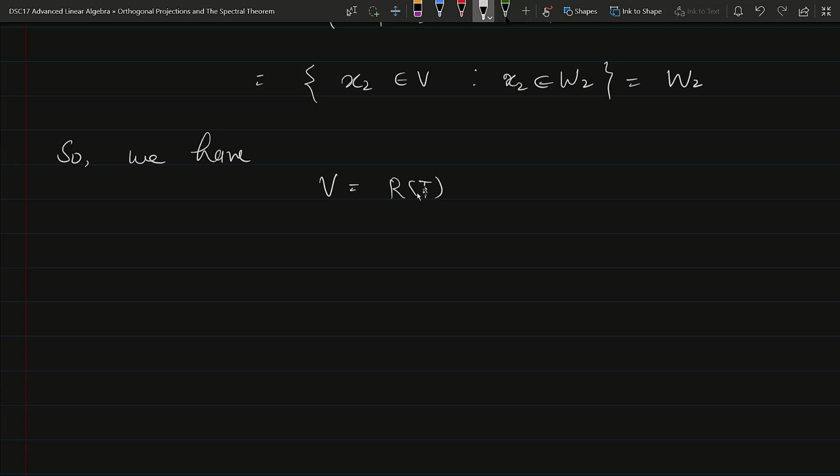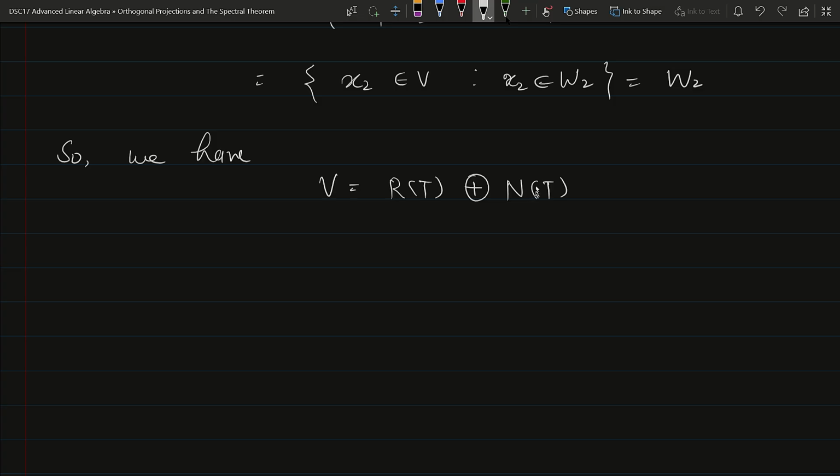In place of w1 we write range of t and the direct sum with null space of t, right? So whenever t is a projection, then v can be written in this form, range of t direct sum with null space of t.